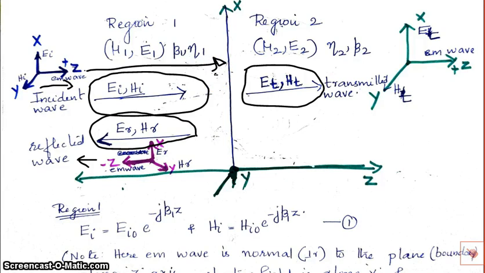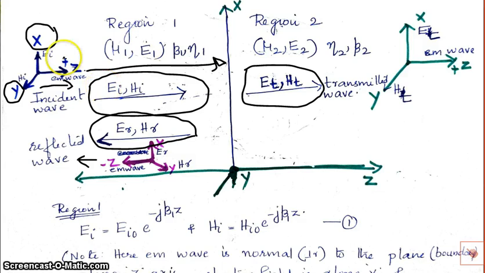That is why it is said that the electromagnetic wave is normal or perpendicular to the boundary. If the wave is perpendicular to the boundary, then the x and y axes along which you have your Ei and Hi will be parallel to this boundary. Please keep that point in mind.